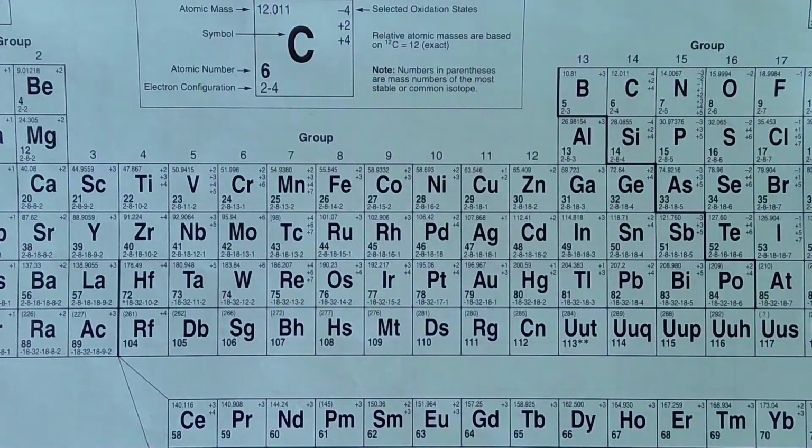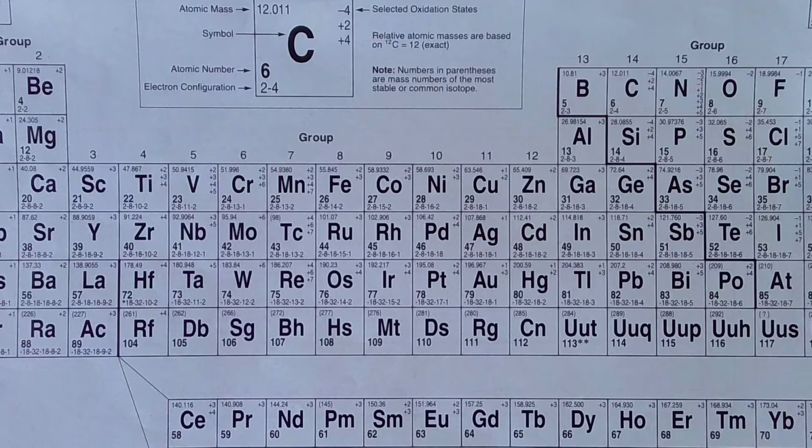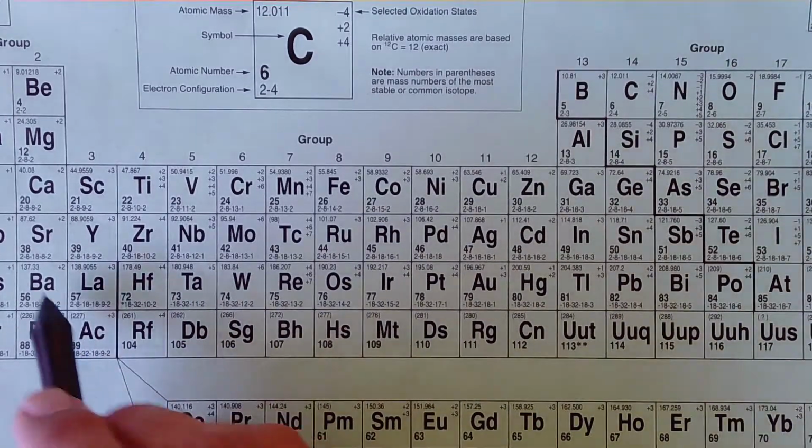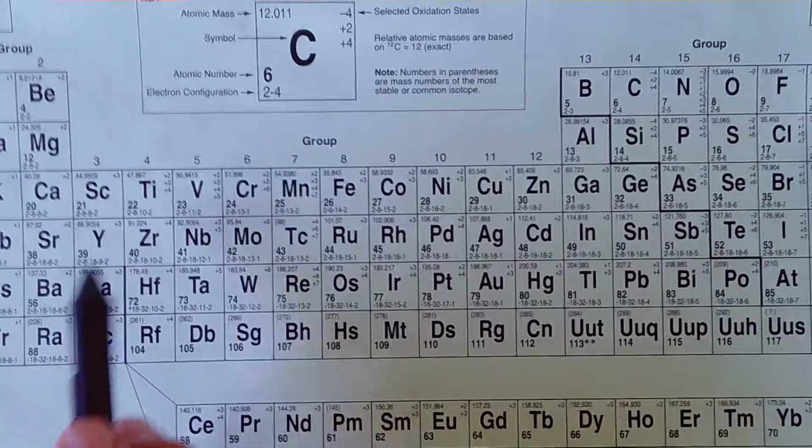So let's go back here, and we now know this is zirconium, and its atomic number off the periodic table is 40. For those of you who aren't sure how I got that, it's right here. Zirconium's atomic number is 40.